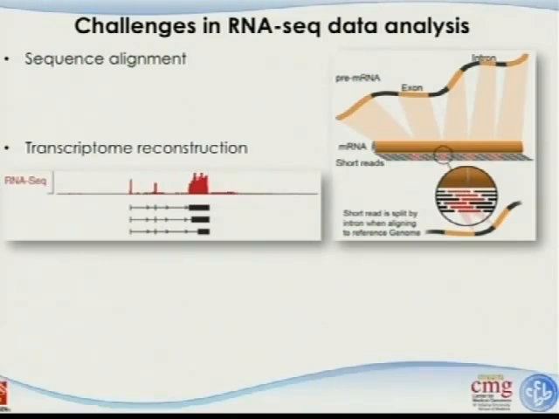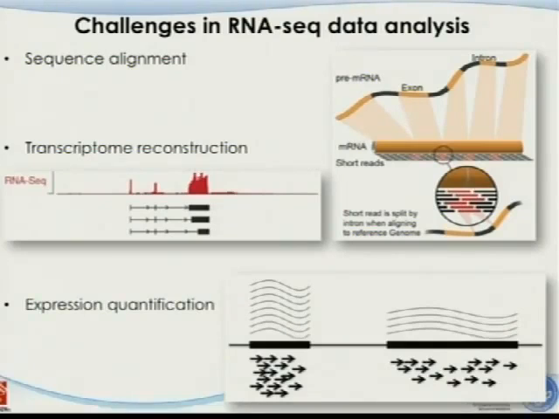And the second challenge is transcriptome reconstruction. Let's say this is one gene, and at this gene you observe these kinds of signals in an RNA sequencing experiment. But it is a reverse problem: if you see these RNA sequencing signals and you want to infer what gene structures the original samples had, it becomes very, very difficult.